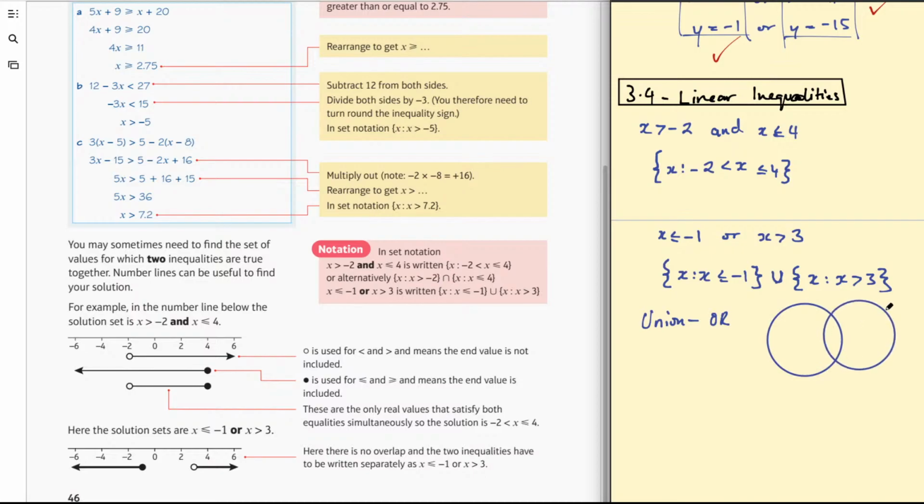I have a video on Venn diagrams talking about this notation. It was this area in a different color, this area in here. So it's one or the other.